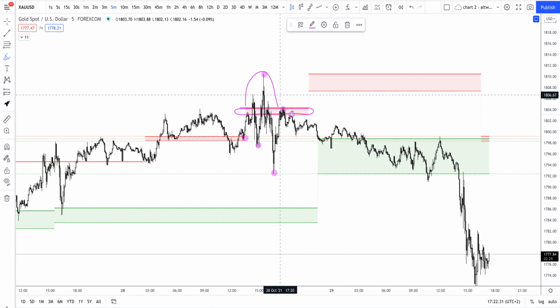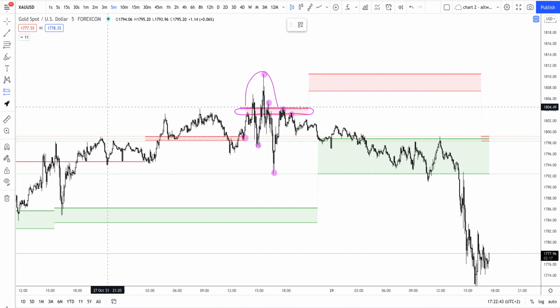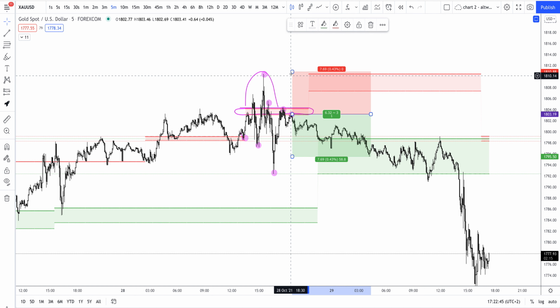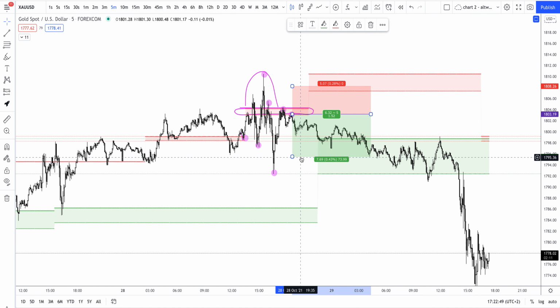So a downtrend is established again, and you can easily and with very low risk short here, stop loss let's say above these wicks.